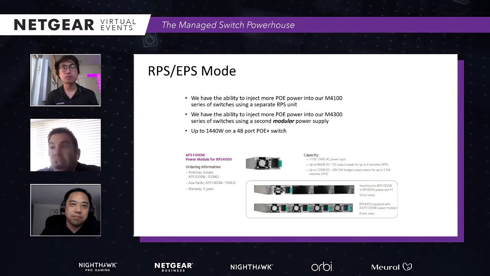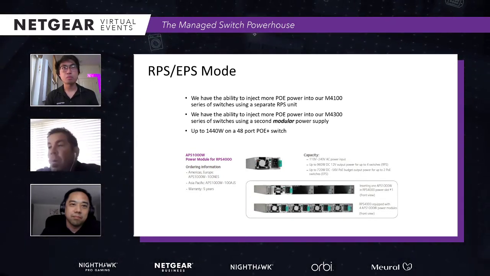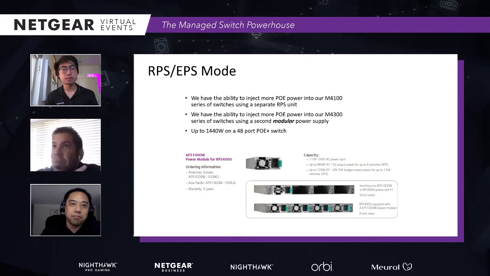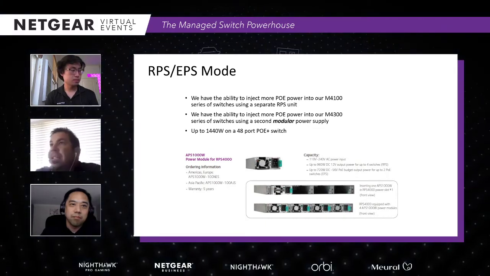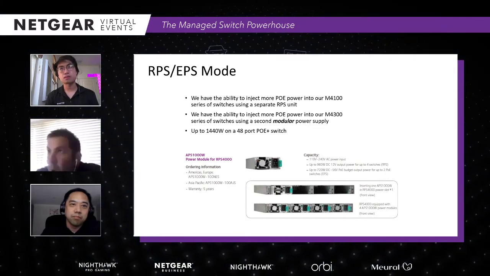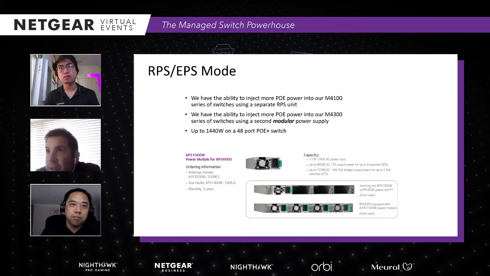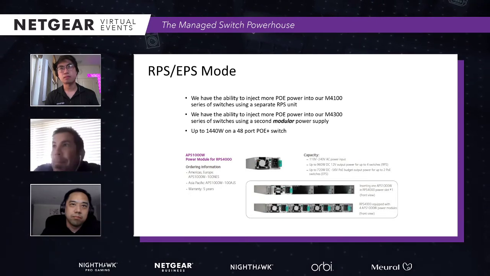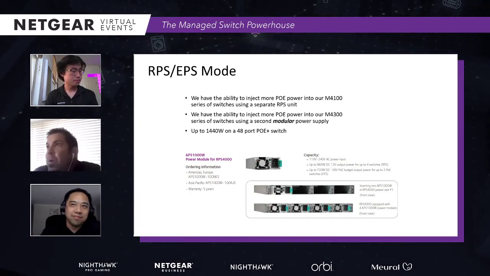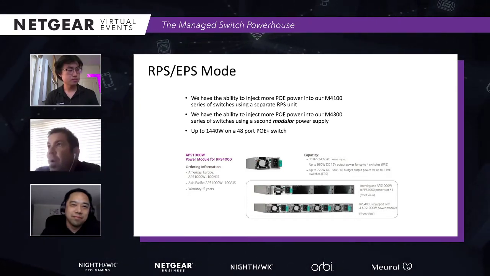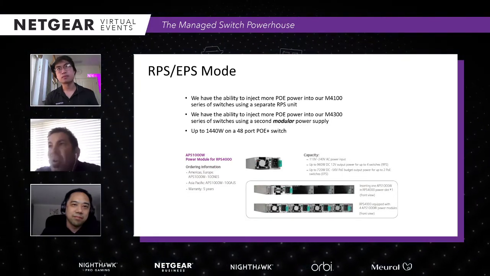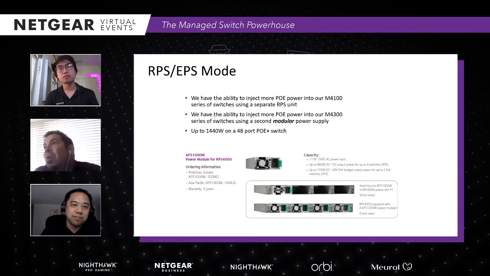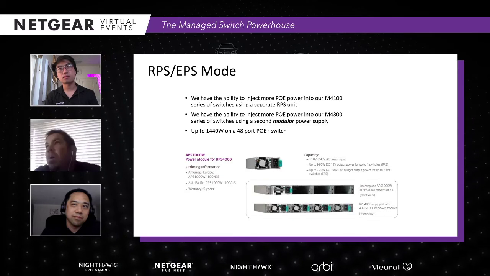It's also important to know, if you're going to purchase a PoE switch, one of the things that I have to do as a sales engineer is understand how many watts each device requires and how many devices are going to be connected. It's pretty simple math. Now, a typical standard IP phone, a VoIP phone, is usually around 5 or 6 watts, so 190 watts on 24 ports is actually maybe sufficient.